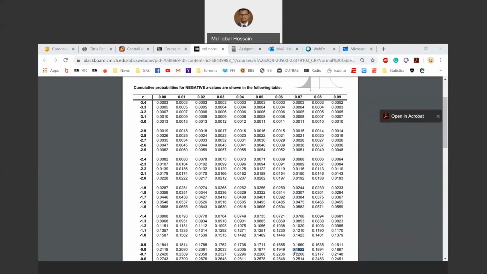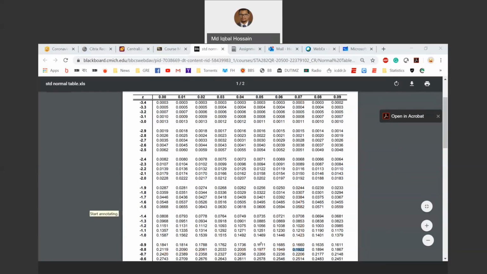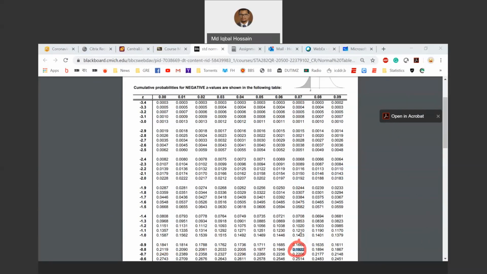Now what are we doing? We are taking our selected point. We are looking forward for the second digit after zero, and we are taking it from here. The first digit is negative 0.8, the first digit after the decimal, and we are taking the second digit after the decimal from here, which is 7.